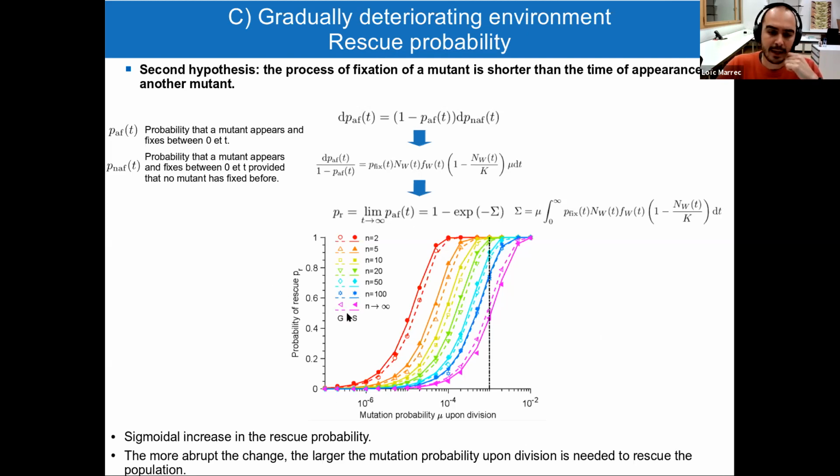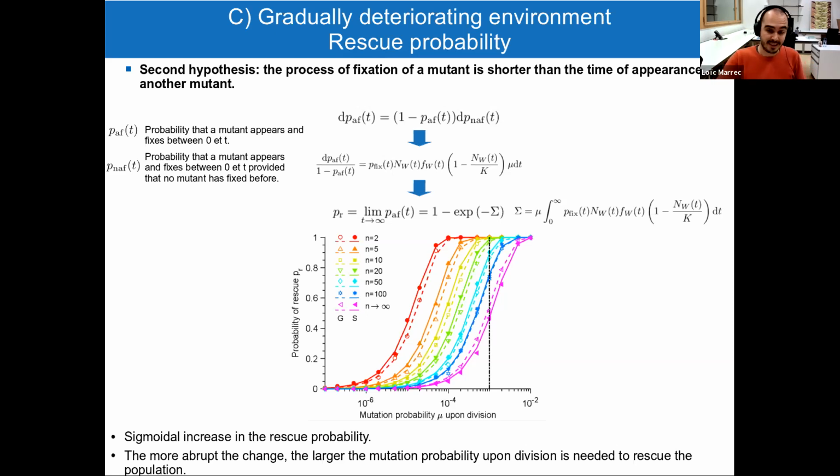And so here on this figure, I'm showing you the probability of rescue versus the mutation probability upon division for different Hill coefficients. And here again, you can see that there is a very good agreement between my analytical prediction and the simulated data.